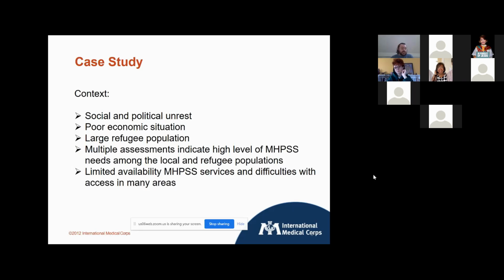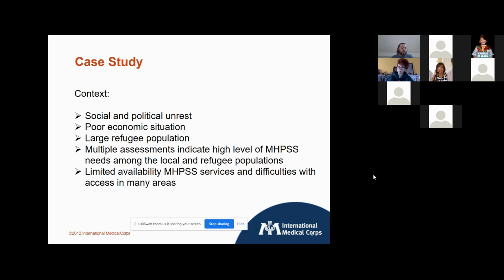The difficulties in access to MHPSS services in Lebanon are multifaceted. They include lack of availability in certain areas, especially in rural areas of the country, issues with transportation, issues with cost of transportation, especially now as fuel prices have been rising and rising over the past year, making it more difficult for people to travel. The security context makes it difficult for people also sometimes.